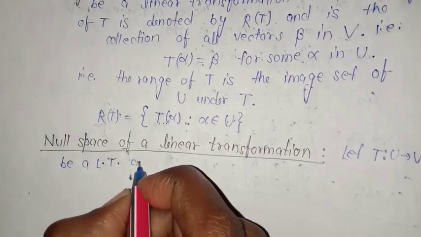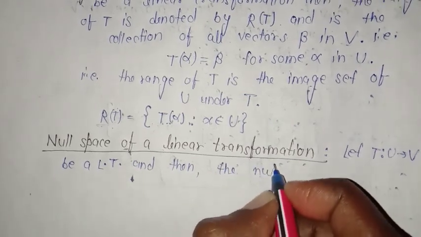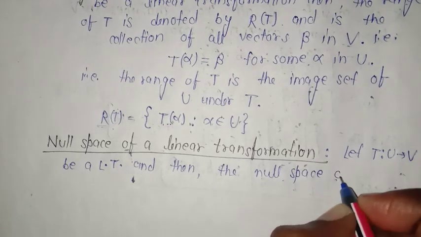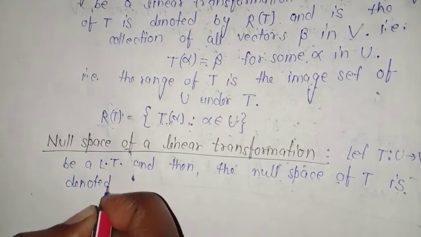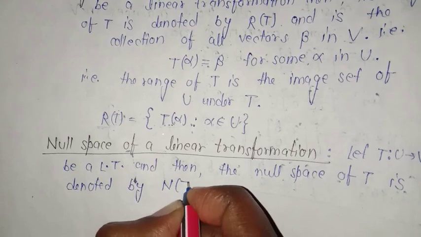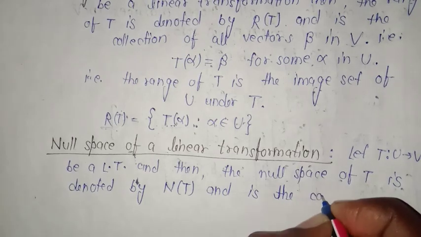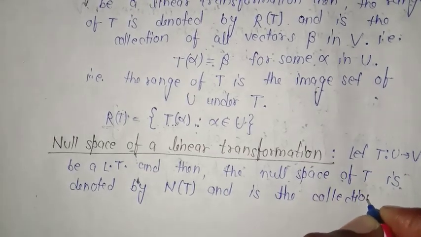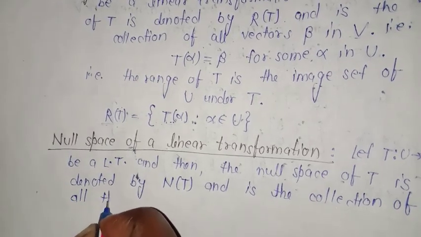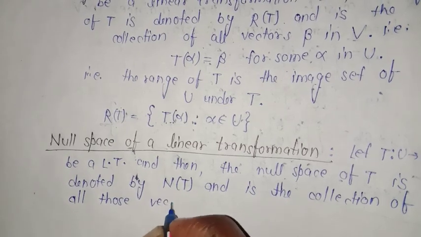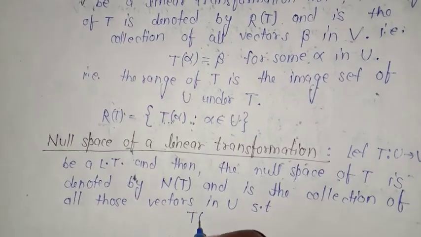Then the null space of T is denoted by N of T and is the collection of all those vectors in U such that T of alpha equal to 0.